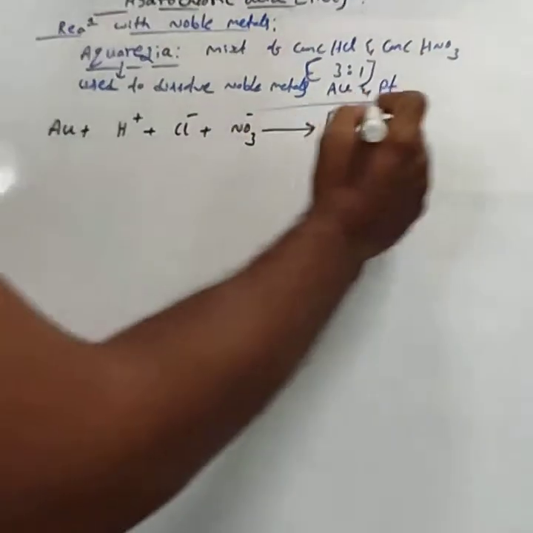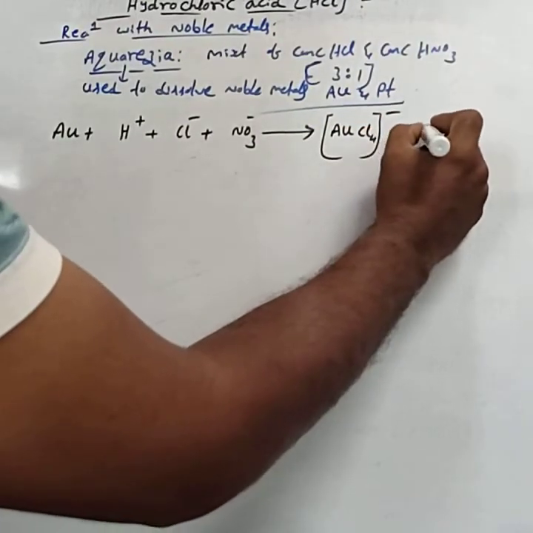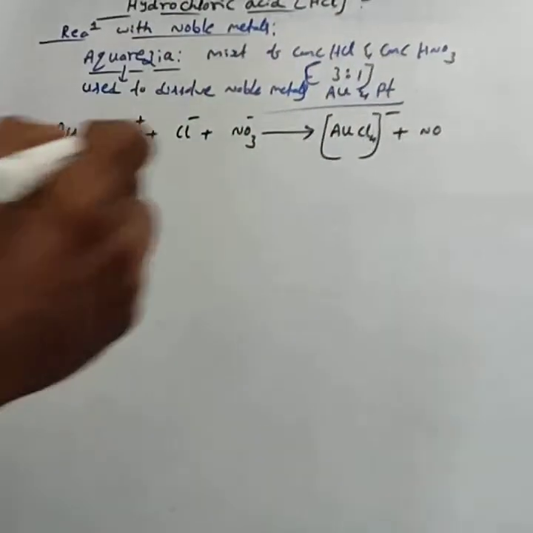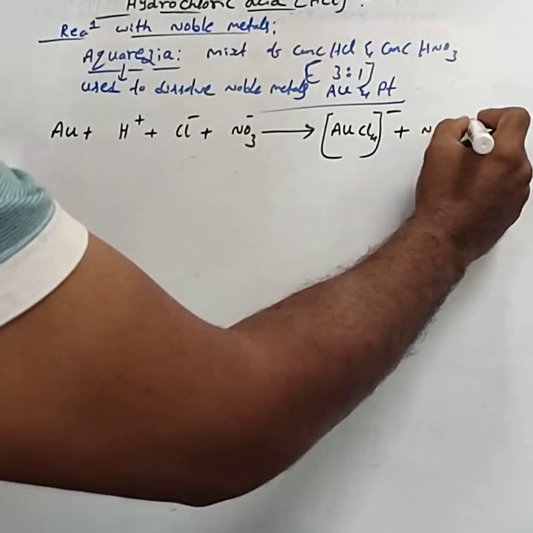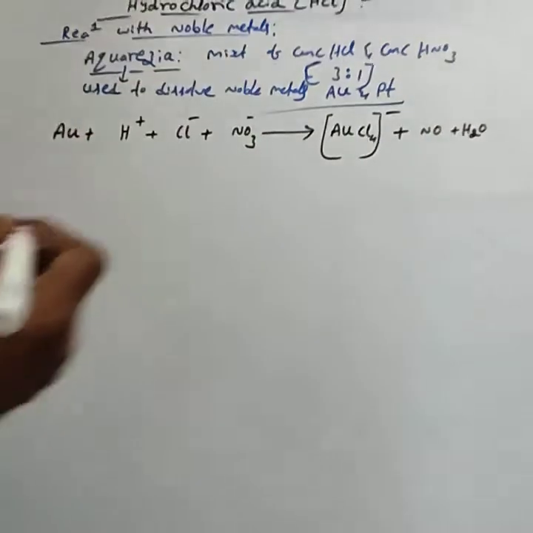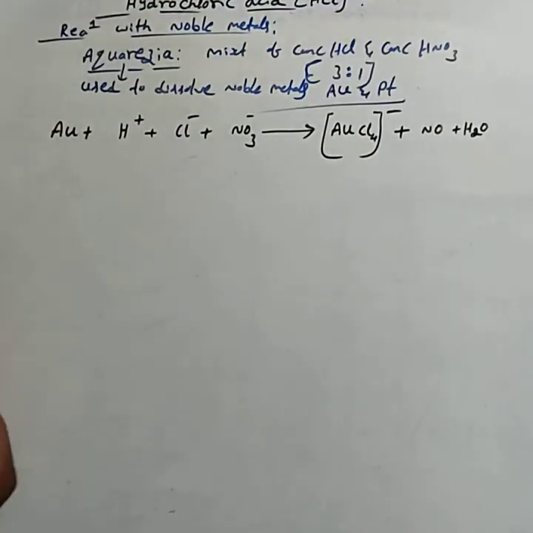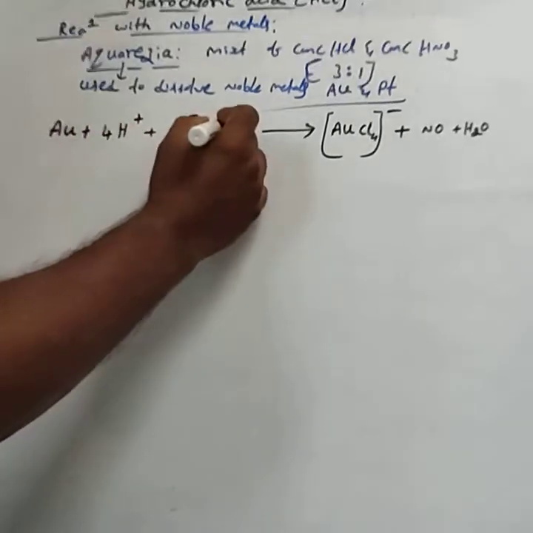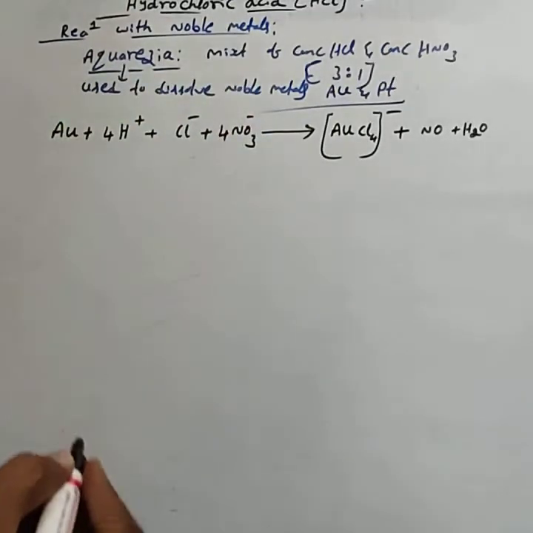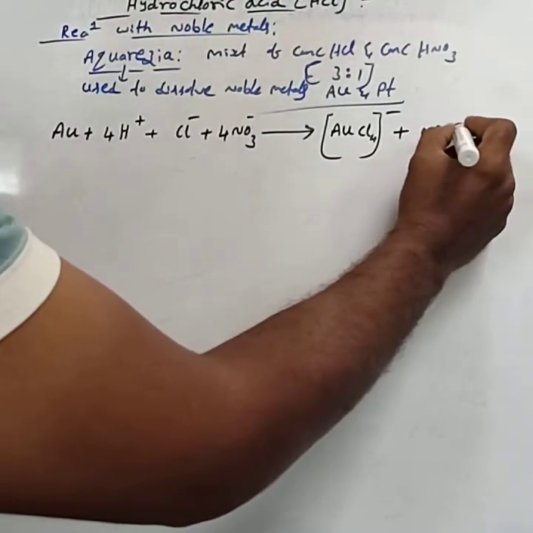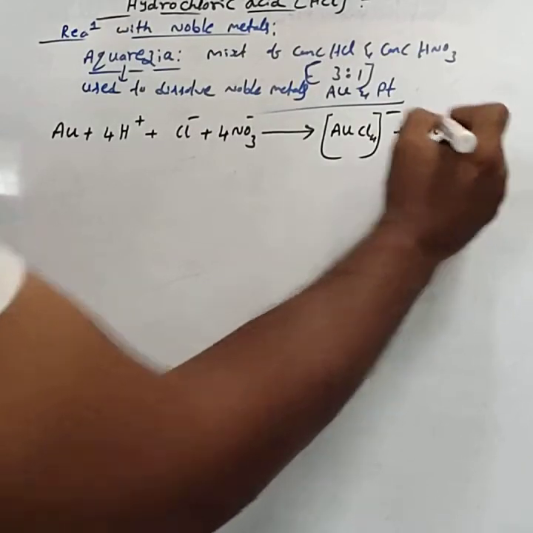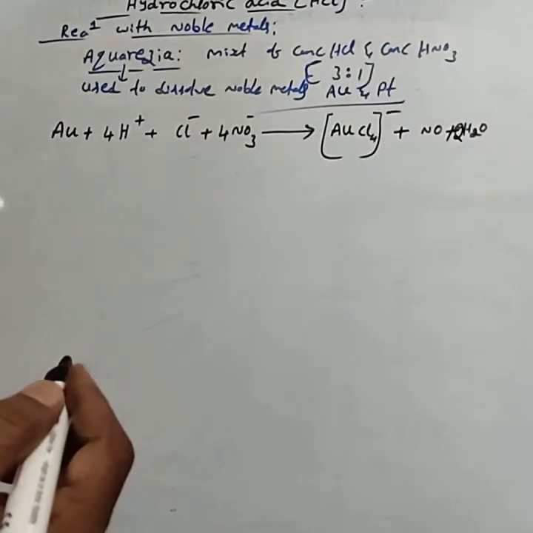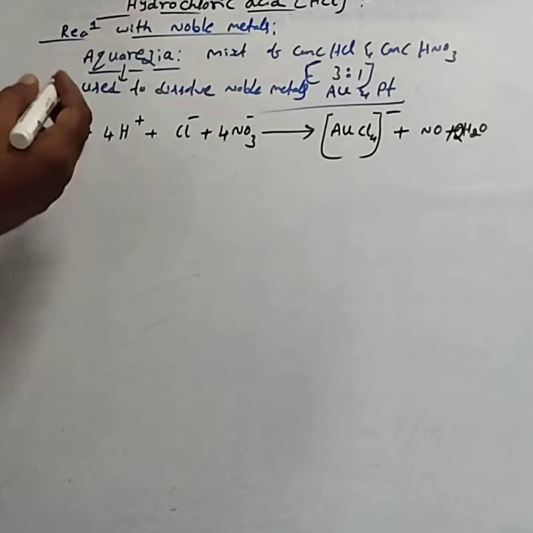The nitrate ion is reduced to nitric oxide, liberating water. To balance this reaction, consider 4H plus and 4NO3 minus, then 2H2O. The reaction gets balanced. This is the reaction with gold.